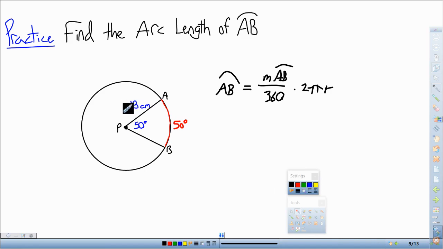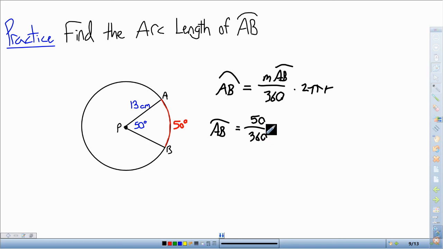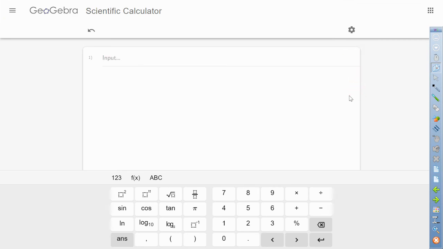All right, and they are giving us the radius, so we have our numbers to plug in. Let's go ahead and do it. So the length of arc AB equals 50 divided by 360 times 2 pi r, our radius, which is 13. Okay, so plugging this in, 50 divided by 360 times 2 pi 13. All right, not 15, 13.